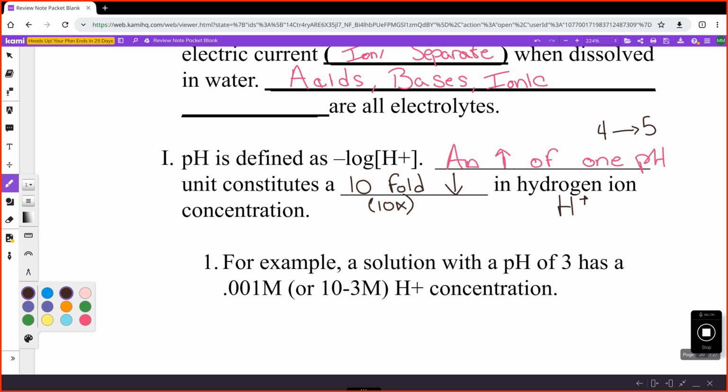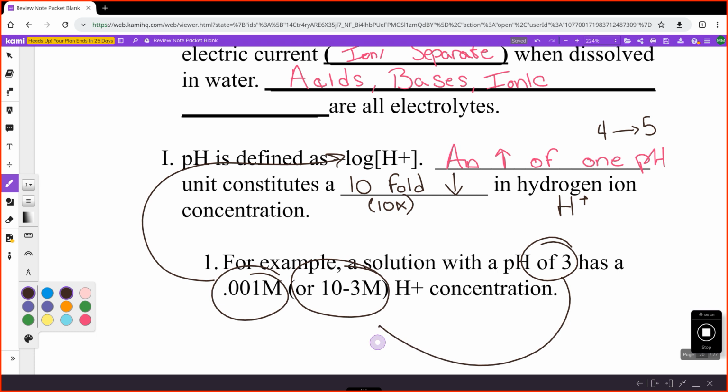Right, so, for example, and this goes back to this concept, if a solution has a pH of 3, written in this way or written in this way, it doesn't matter how you show it, the concentration of a pH of 3 can be represented like that or like that.